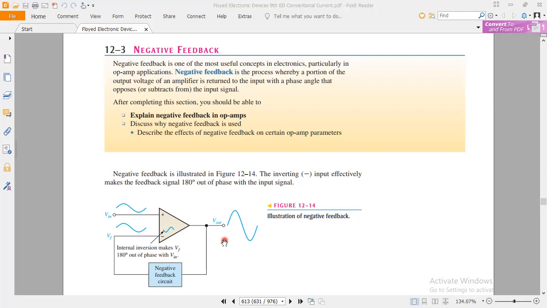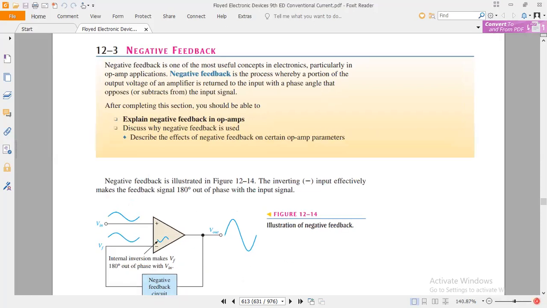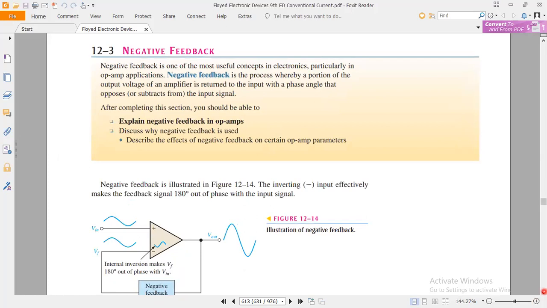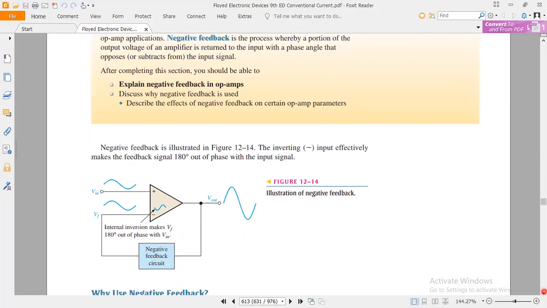Now, can anybody tell me what is happening in this figure? Yes, my friends, can anybody tell me what is happening in this figure, in the diagram?